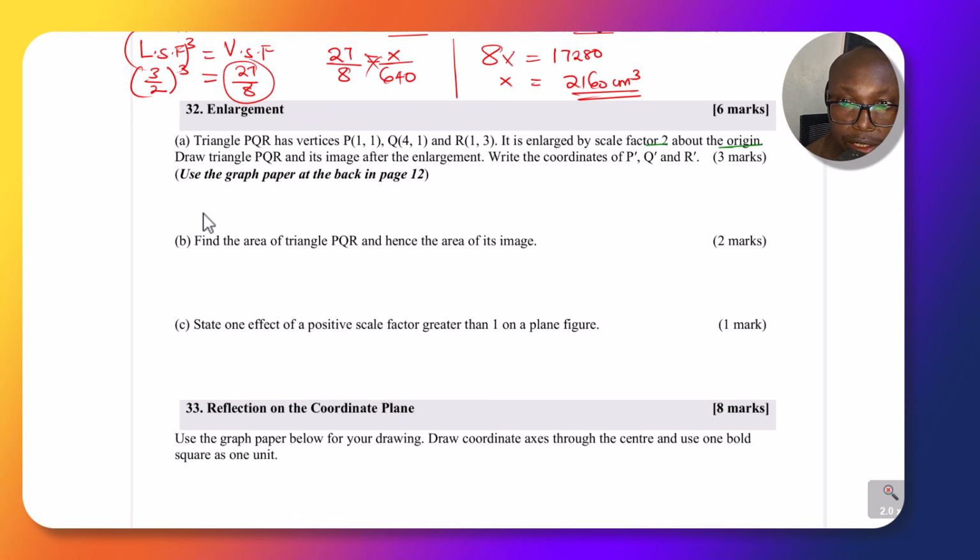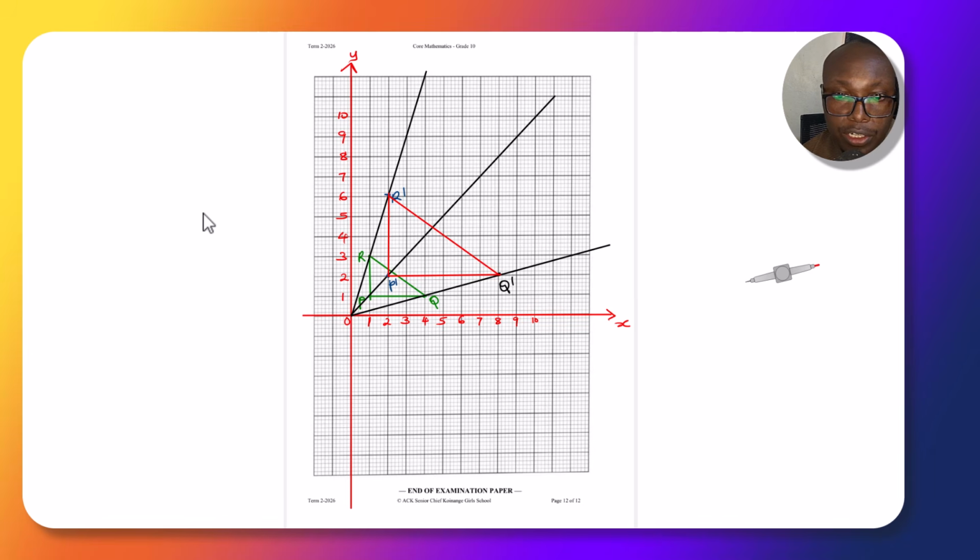So we've done that, but we've not finished. We write the coordinates of P prime, Q prime, and R prime. So which are the coordinates? I'll write the coordinates here. P prime is here, so this is (2, 2). Then Q prime is here.